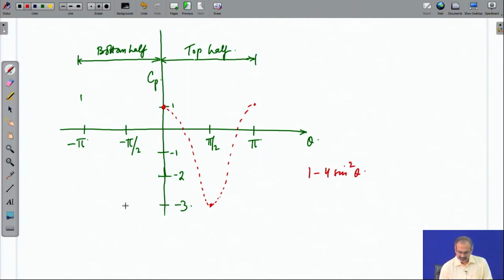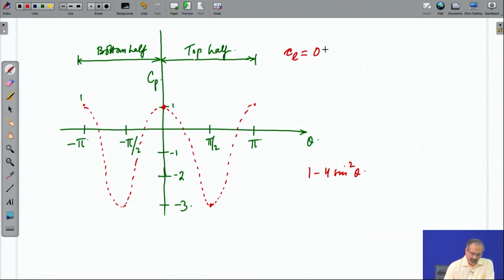Similar things would happen on the other side. It drops to minus 3 here at minus pi by 2, and it recovers back to 1 when you move to minus pi. So, this is how the pressure distribution turns out to be symmetrical about the bottom and top, and therefore, there is no C L. C L is equal to 0.